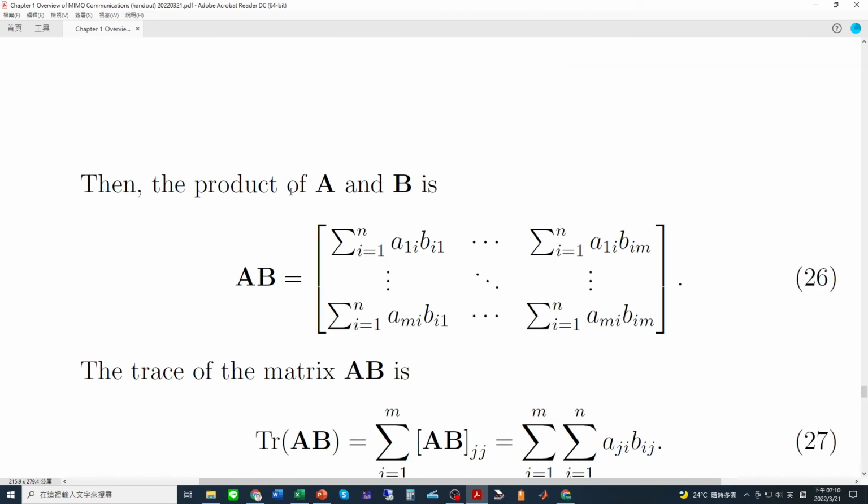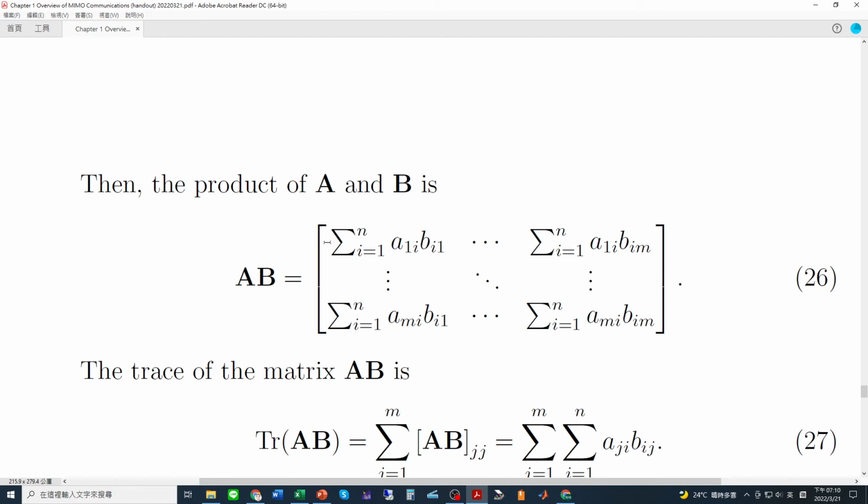Then the product of A and B: A times B is equal to the summation i equals 1 to n of A1i times Bi1.